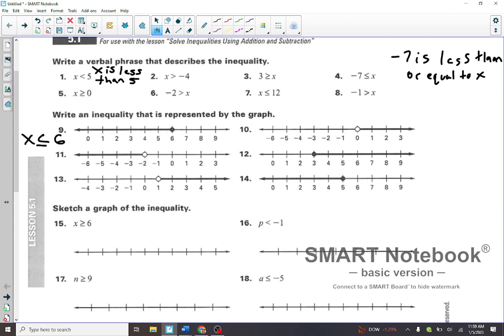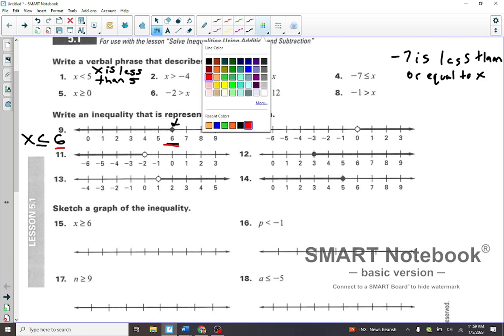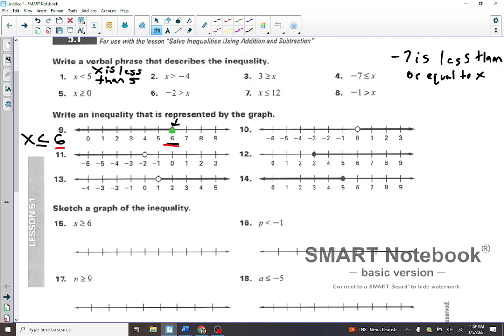And this one? So there's 2 things I'm looking at. I'm looking at what number the dot is at. That's the 6. And I'm looking at, this is a solid circle. Because that's a solid circle, I'll try to color code it. So because this is 6, this becomes a 6. And because this is a solid circle, this is a greater than or equal to.